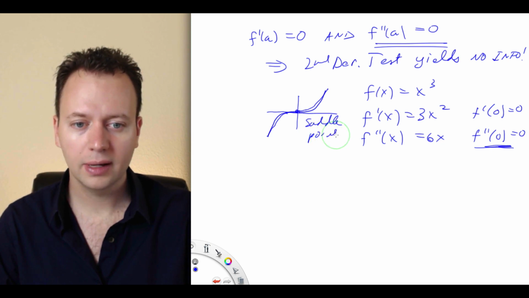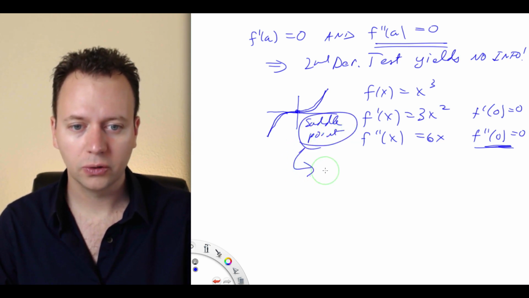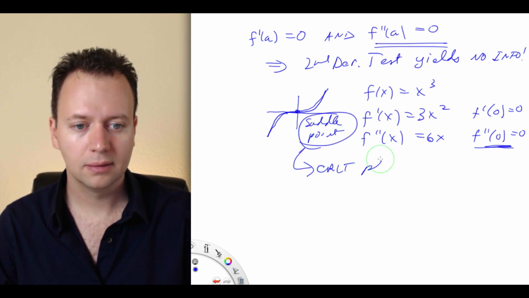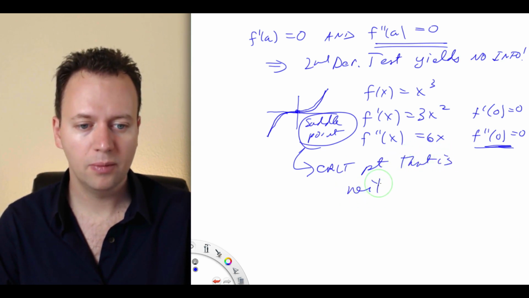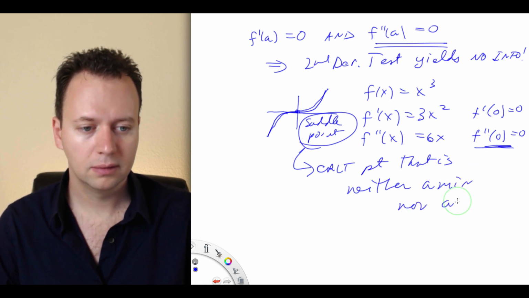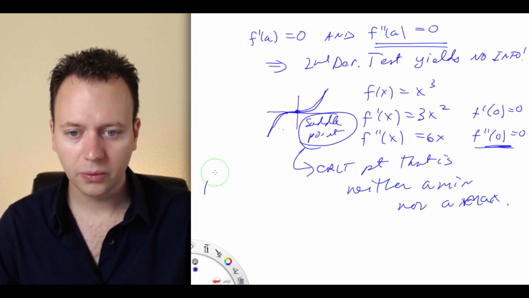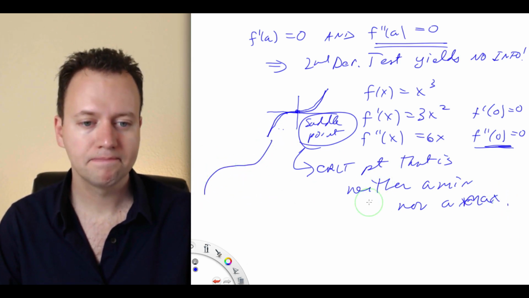So a saddle point, recall, is just a critical point that is neither a minimum nor a max. It's one of these that levels off and then keeps going up.